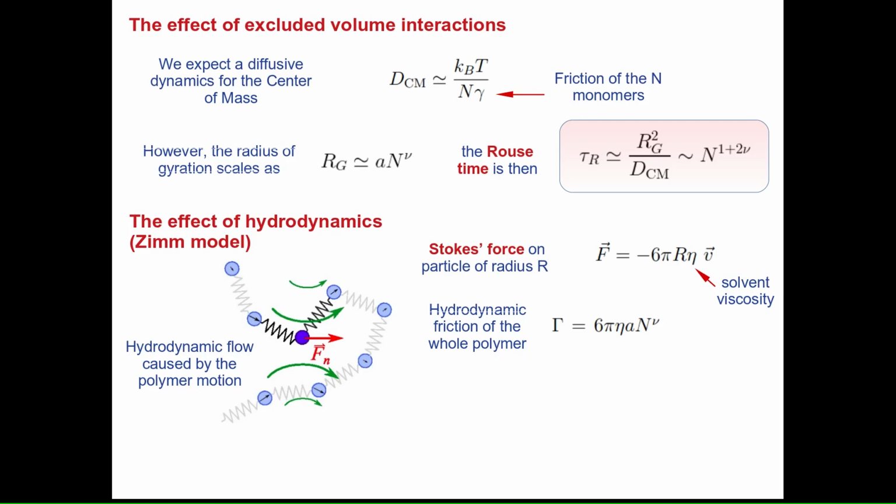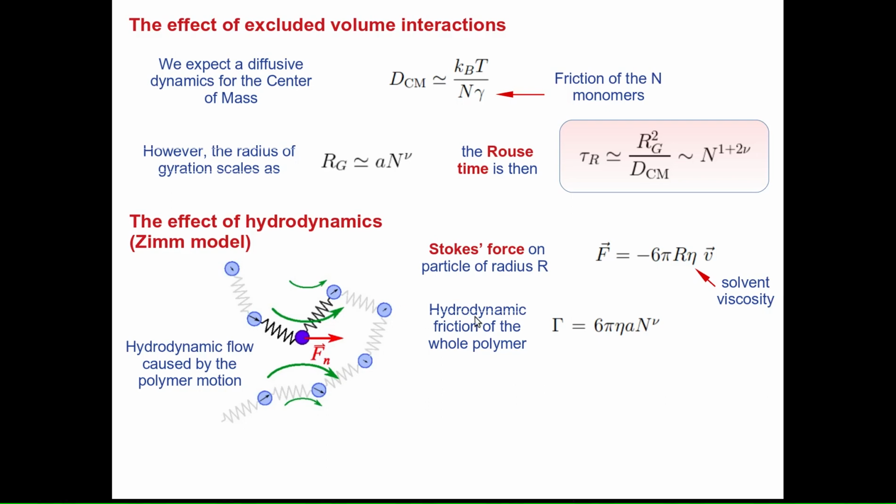Now, if we think of the whole polymer, not a single monomer, we can picture it as a spherical object of radius equal to the gyration radius.